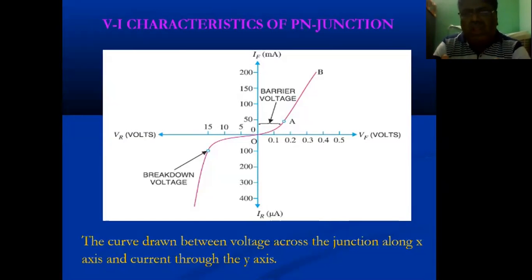In a reverse bias, up to 10 volts or 5 volts there is no current. Whenever 15 volts is applied to the PN junction diode, the diode breaks down. Suddenly the current increases highly. Okay, so that is the VI characteristics of the PN junction diode.